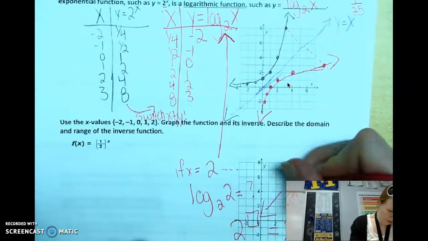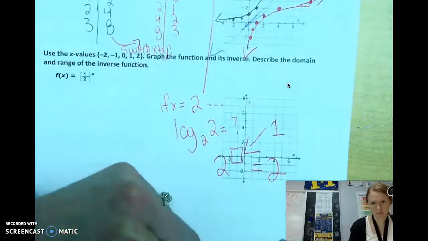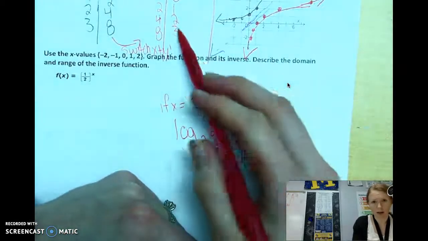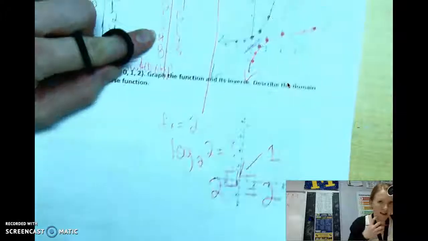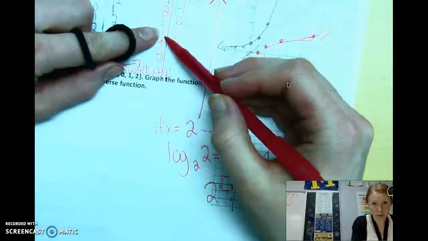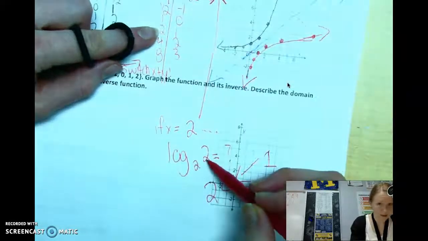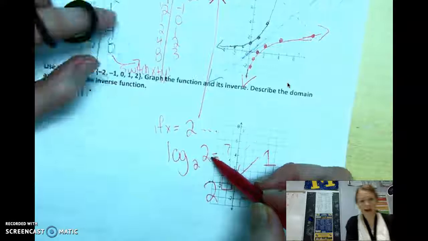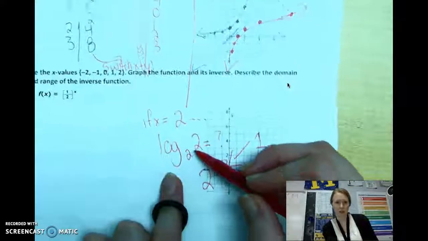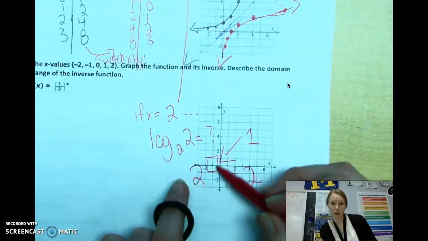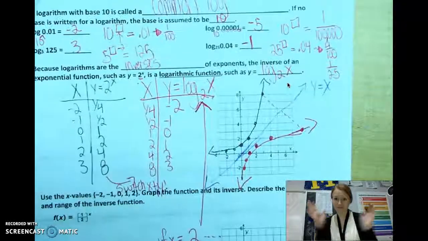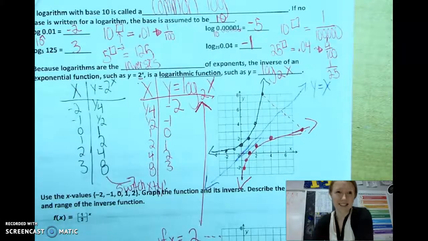Well, that value would have to be 1, right? Which is why my y value was 1 up here. So once again, if I'm plugging in some number 2 for x, I have to rewrite this logarithmic expression thinking 2 to what power would give me 2. That power that we come up with is that y value. So hopefully that helps. All right, get started on your homework.